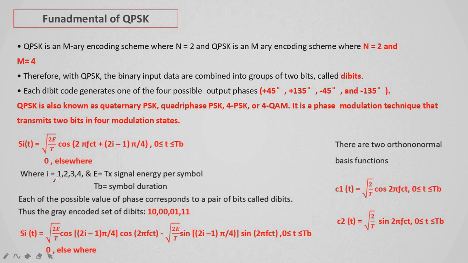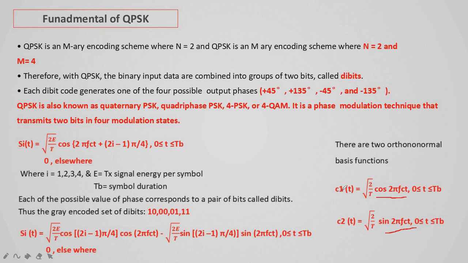Here T is called the symbol duration, and for the representation of this QPSK signal we require two basis functions, one in phase and one quadrature phase. Suppose in the in-phase component we are considering cosine, then your 90 degree phase shift will become a sine term. So why am I using these two orthonormal functions?